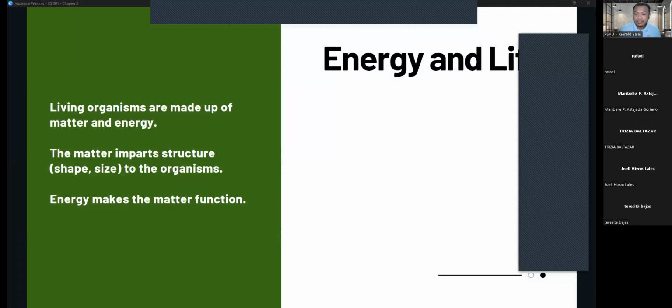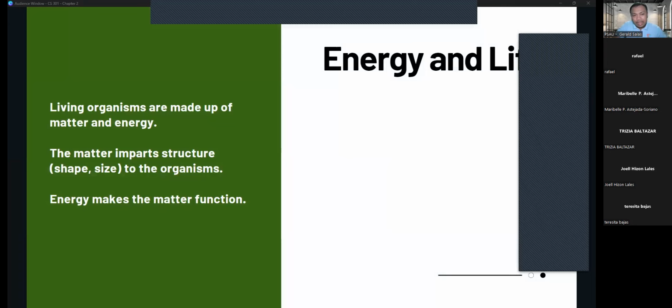Our solid comprises all the nutrients, while water, the major component of matter, is usually in the liquid state. Nitrogen, carbon dioxide, and oxygen are the three main gases in all living organisms.